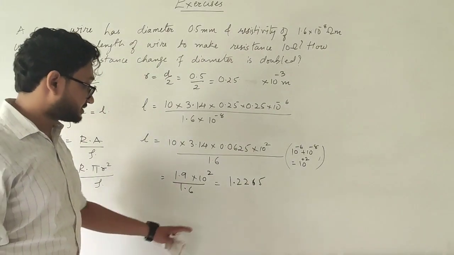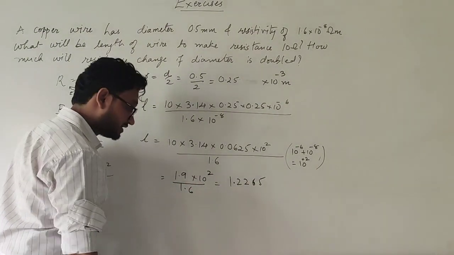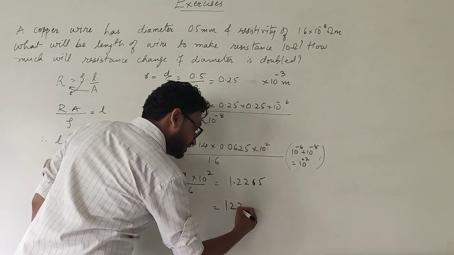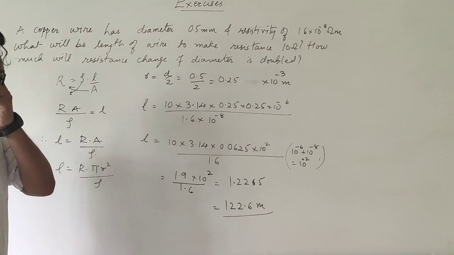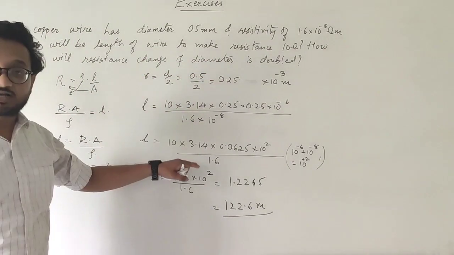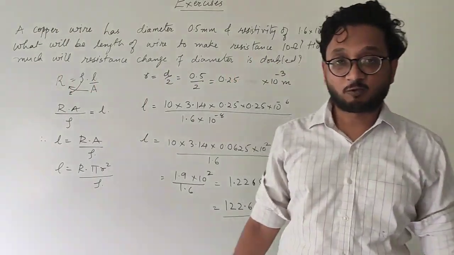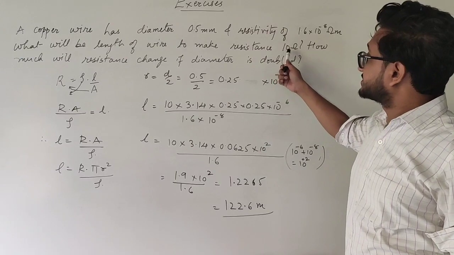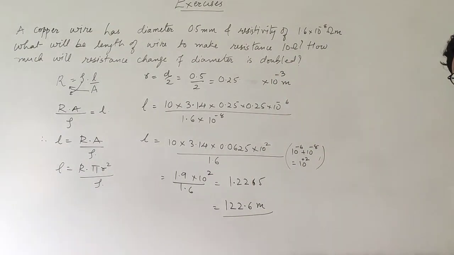You will have a value similar to this when you solve it, approximate values, and multiplying it by 100 you will get 122.6 meters. So in order to find the length of the wire, you substitute every value, and ultimately you get the answer as 122 meters. So if you want a wire to make the resistance of 10 ohms, the wire's length should be 122.6 meters.